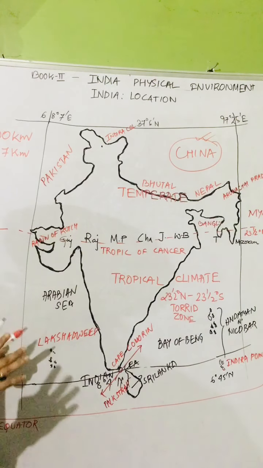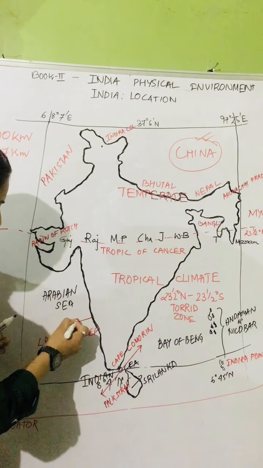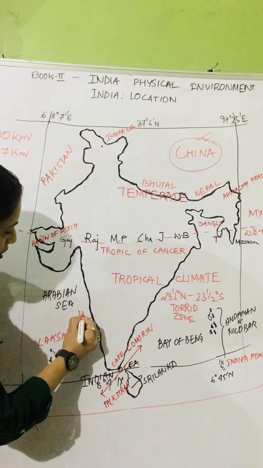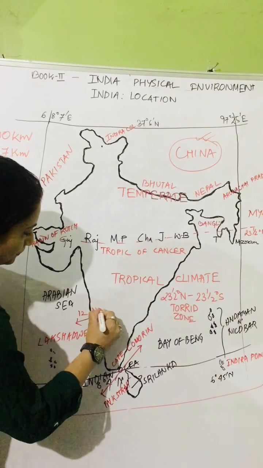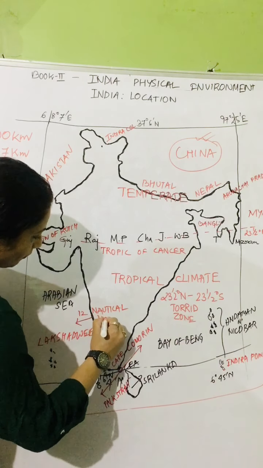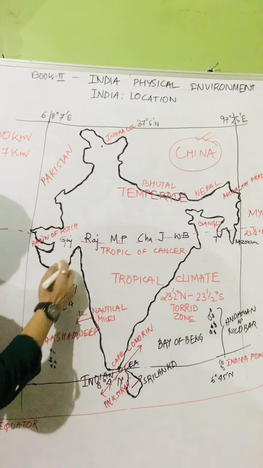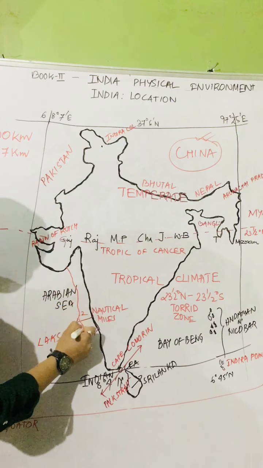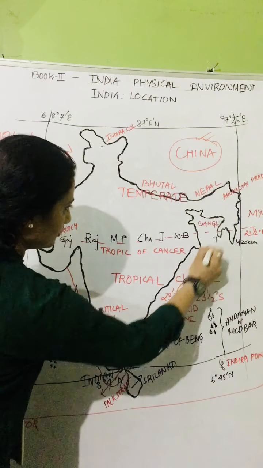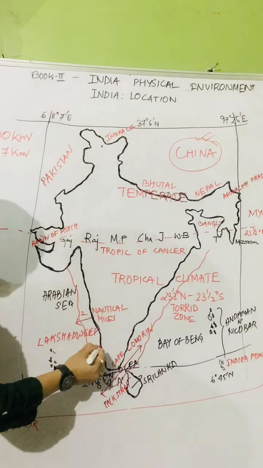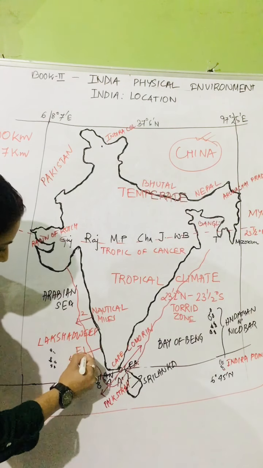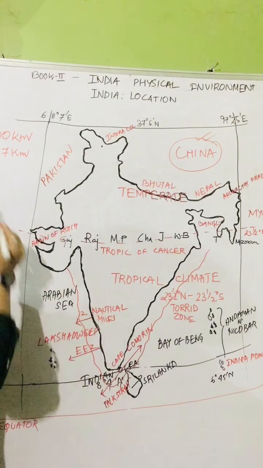If we talk about our territorial waters, from the baseline, that is the coastal area, to 12 nautical miles, this is the boundary for territorial waters. And we also study about EEZ. What is EEZ?